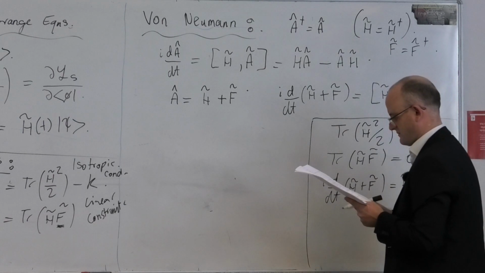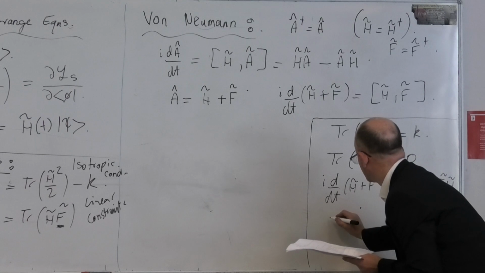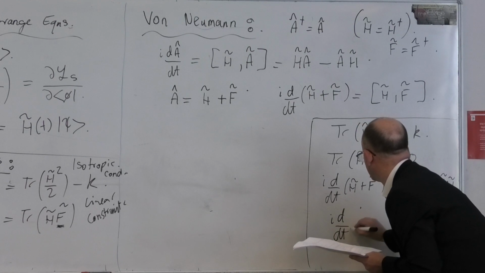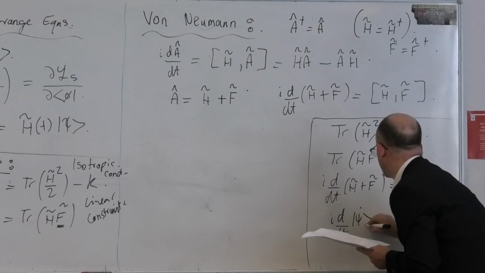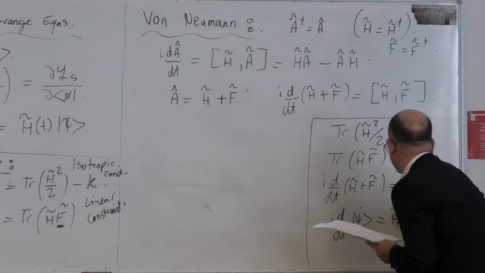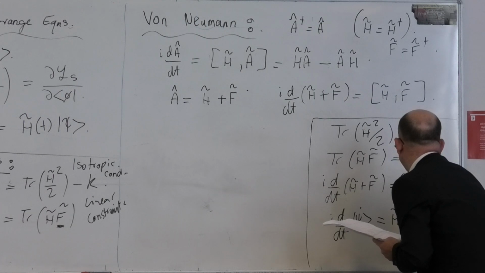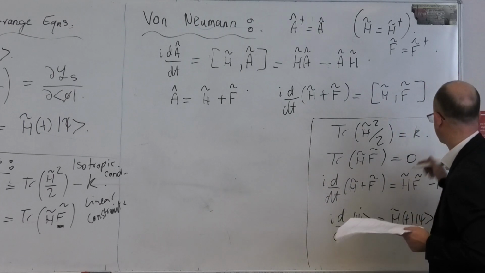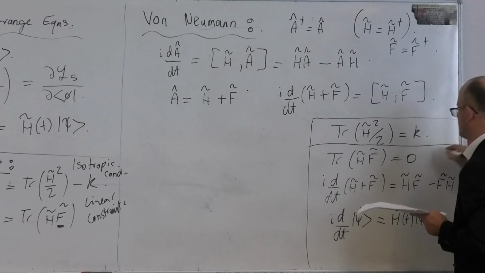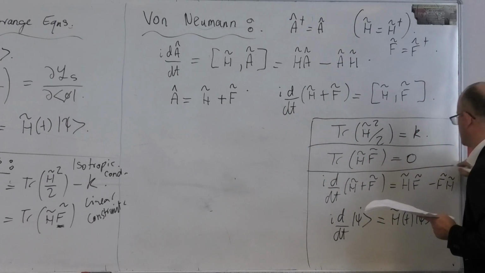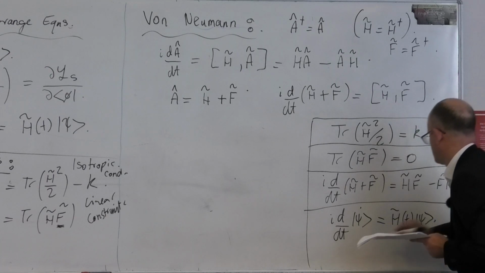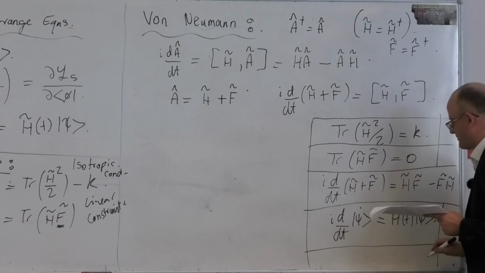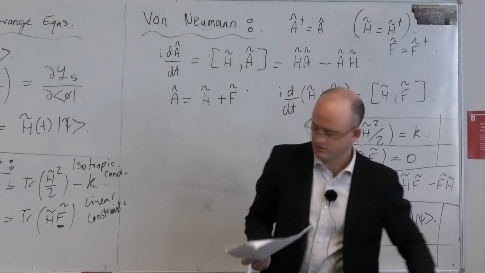Okay, and we also have the Schrödinger equation, i d by dt psi is equal to h of t psi. Okay, so this is a system of equations which are all coupled together, and we want to find a way out of that.